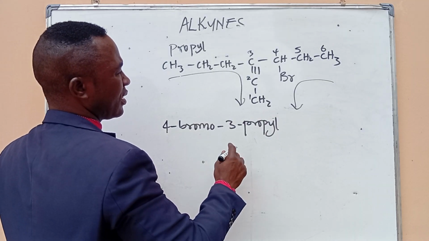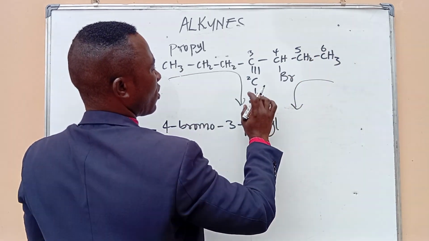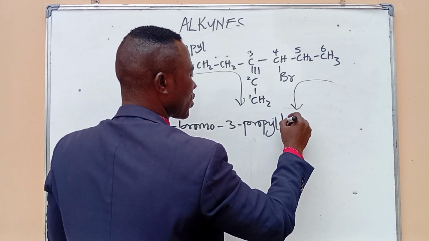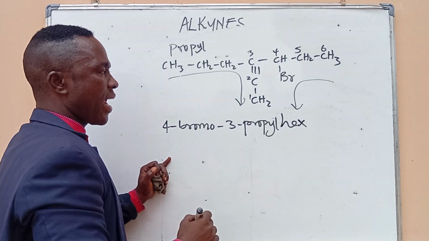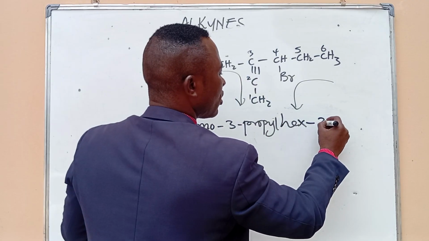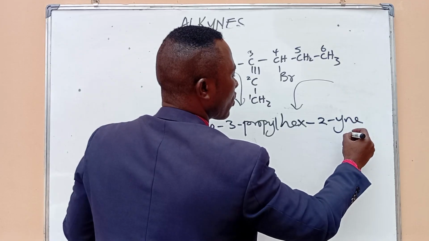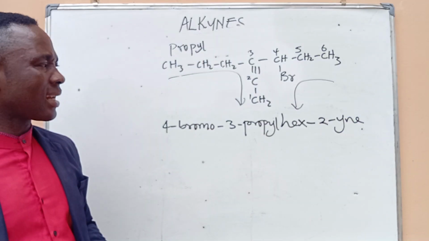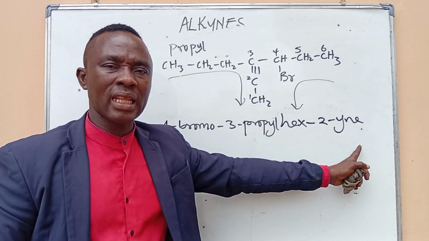Then we have the longest carbon chain, which is 6: 1, 2, 3, 4, 5, 6. 6 is hex. That hex, where is the triple bond? At number 2. Then you end with your ine, because the naming of the alkynes always ends in ine.